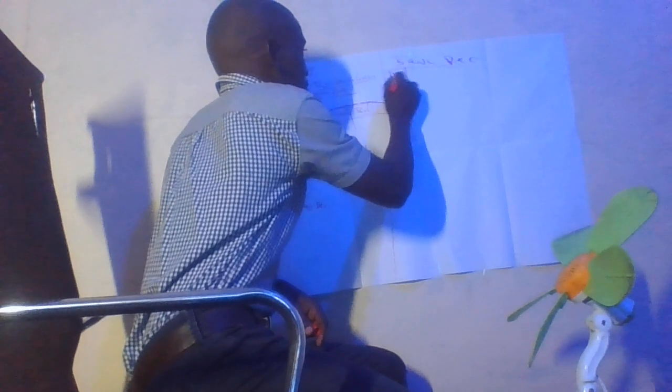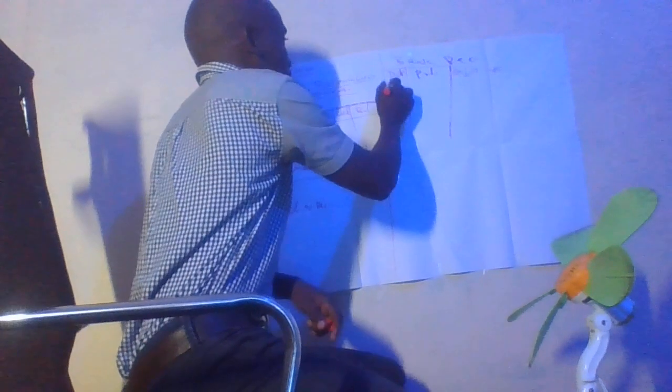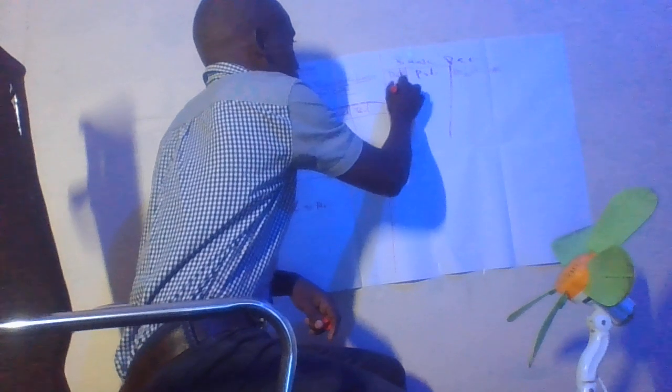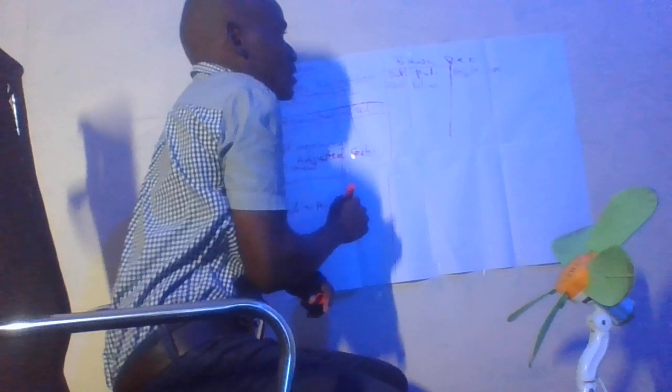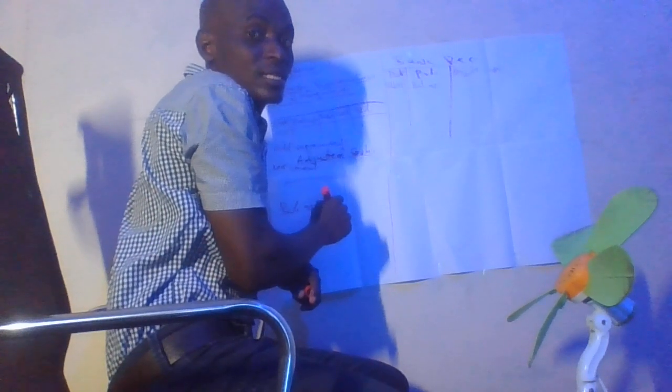Then date, particulars, then debit column, credit column, then balance. Maybe here the date is 12 of January, you just write balance as per the adjusted cash book. Balance as per the adjusted cash book is this here.